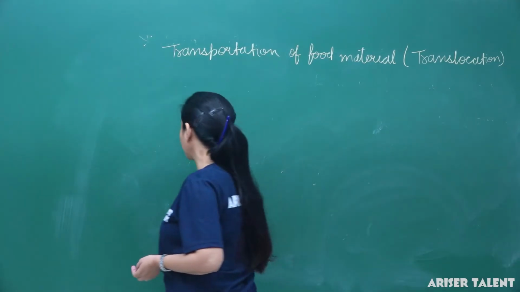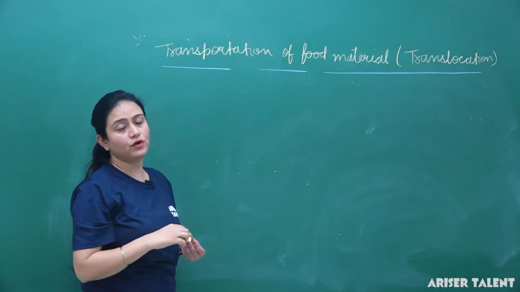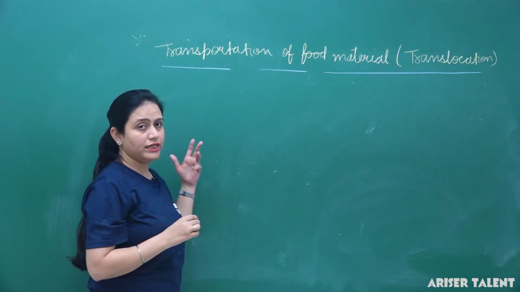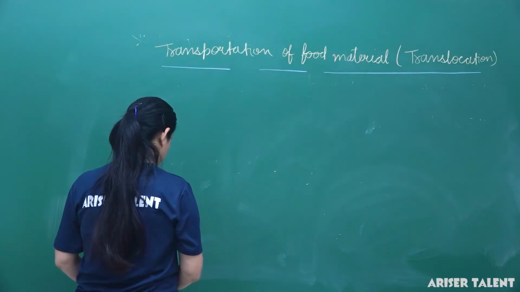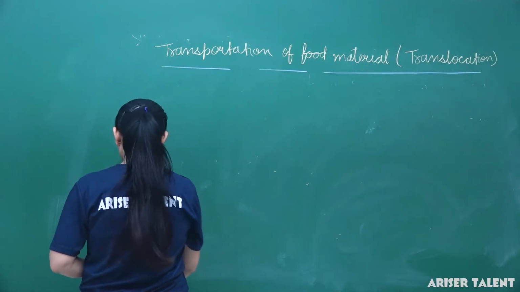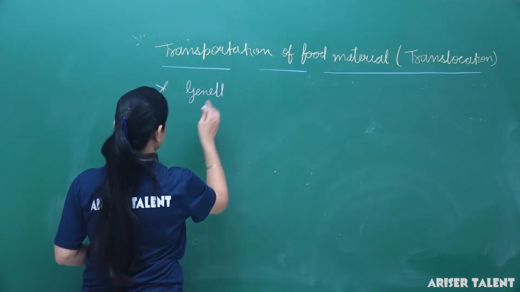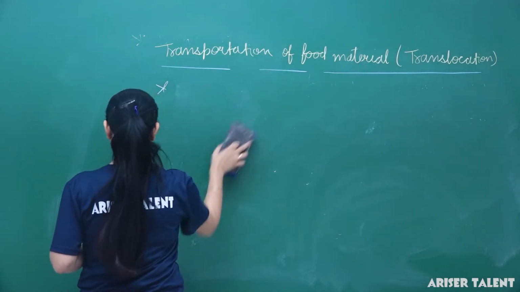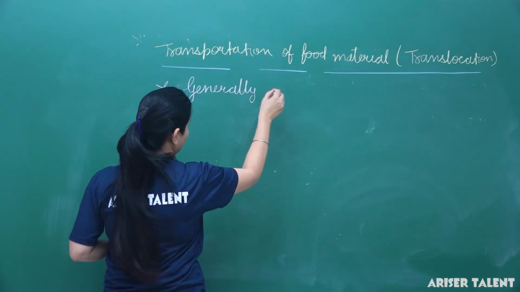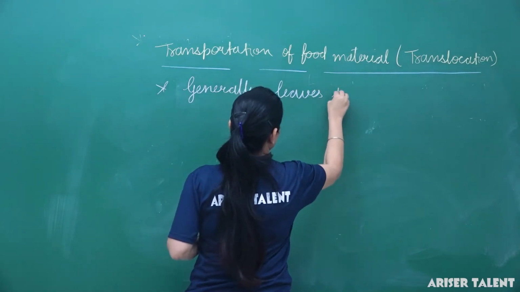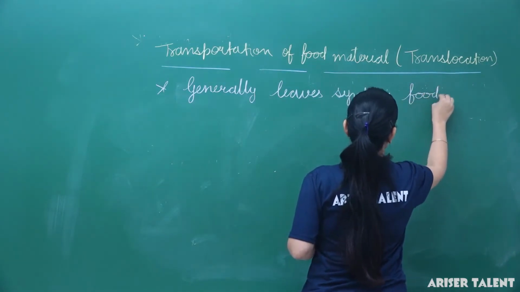So first of all, we all know that leaves are the main site of synthesis of food in the plants. Leaves synthesize food for the plant.